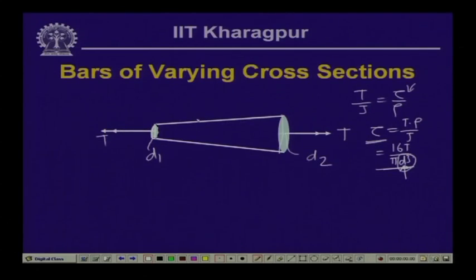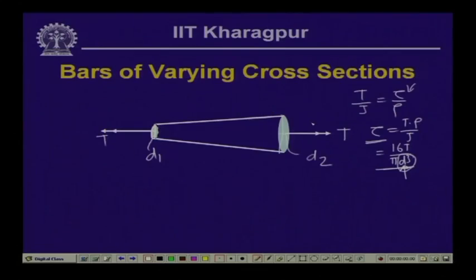Now, if this particular bar is subjected to a uniform twisting moment, then the maximum stress will occur where the diameter is the least. So, in fact, we do not have to bother about anything else. Wherever we have the least diameter, if we compute the stress there, that will be the maximum possible stress in a bar of varying diameter.